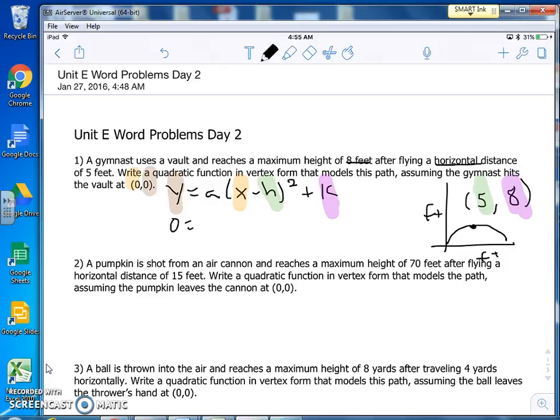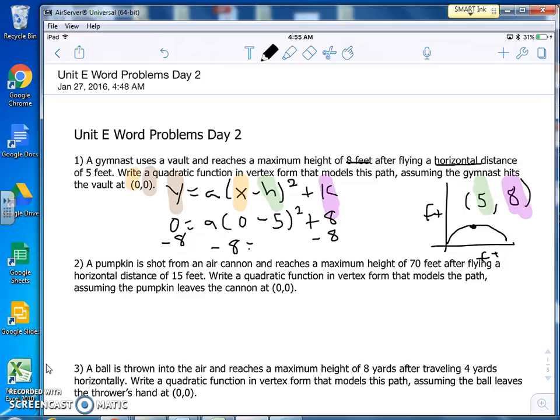0 equals a times 0 for x, minus 5 for h, plus 8. When you simplify it, it's going to be negative 5 squared, so I'm going to go ahead and subtract 8 while I do that as well. Quickly run out of room, aren't I?